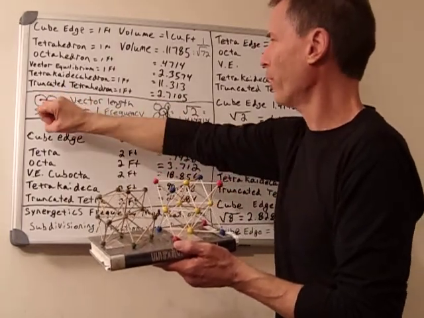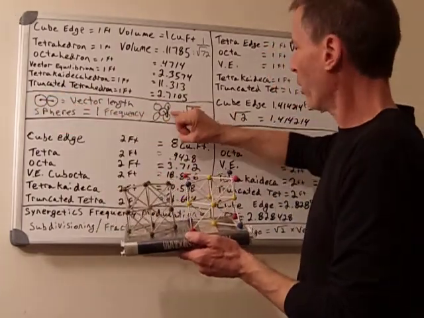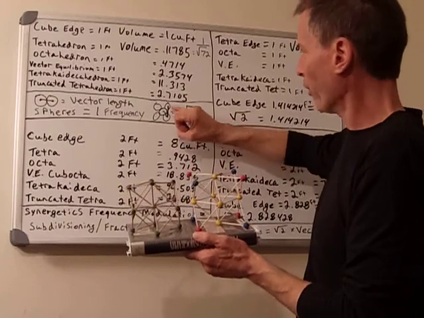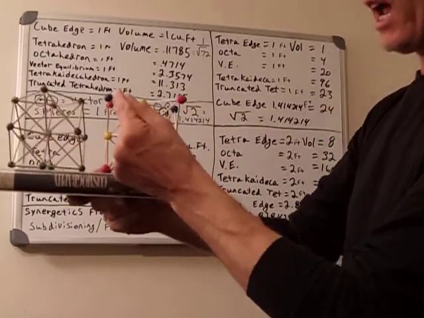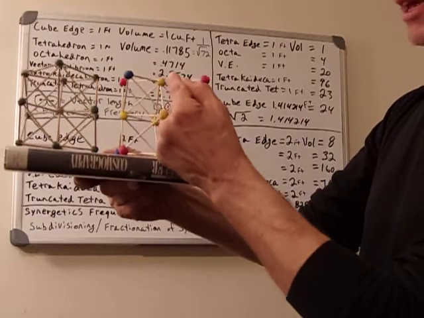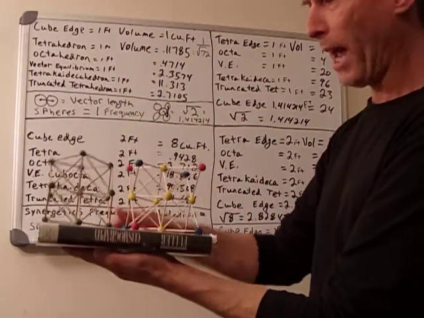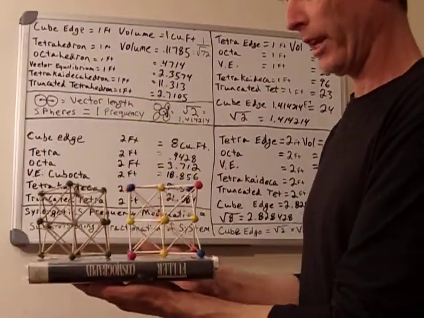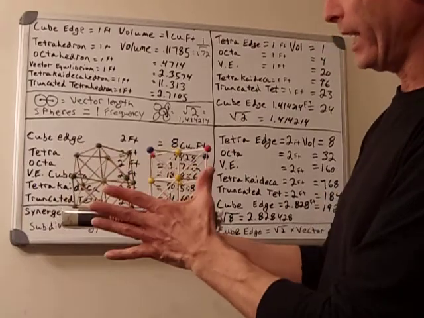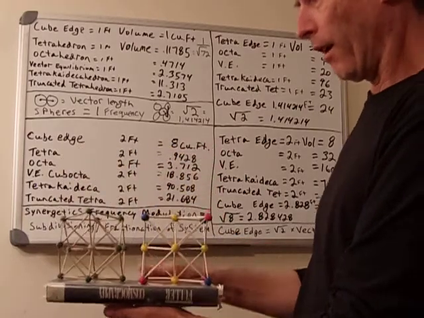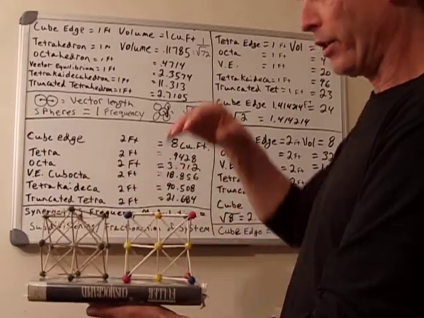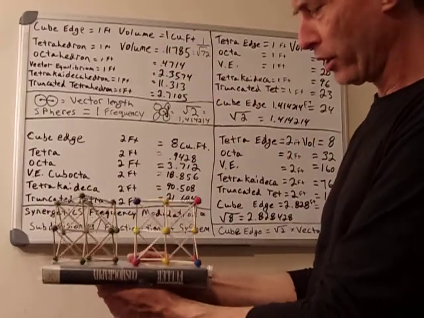If we were calling this 1 foot, then this would be 1.414214 feet. So you see how this is a different measurement when the closest packed unit radius spheres are creating the different polyhedrons of various shapes and of the different sizes or frequencies.